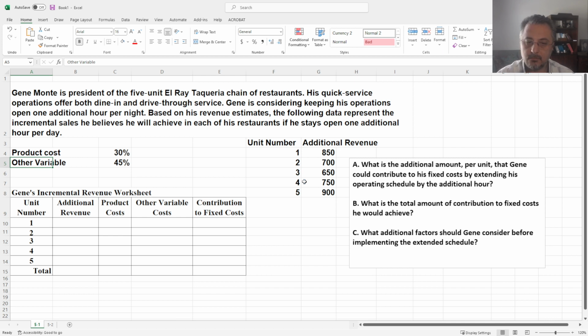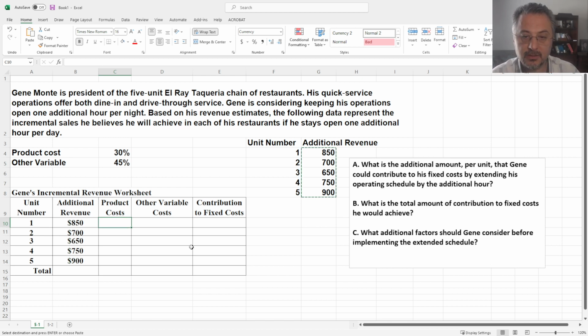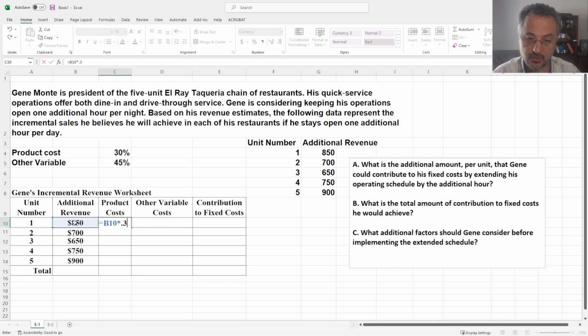Now I'm assuming you did your own. Let's do the calculations. I'm just adding the additional revenue here. Product cost is going to be additional revenue times 0.3, which is 30%. Let's pull this down, and it's going to automatically calculate. Similarly, other costs are going to be additional revenue times 45%.